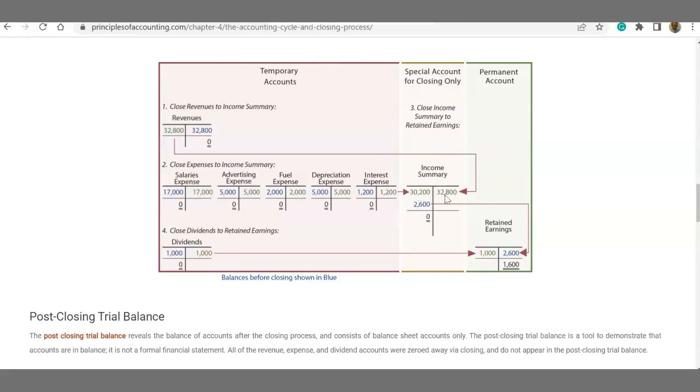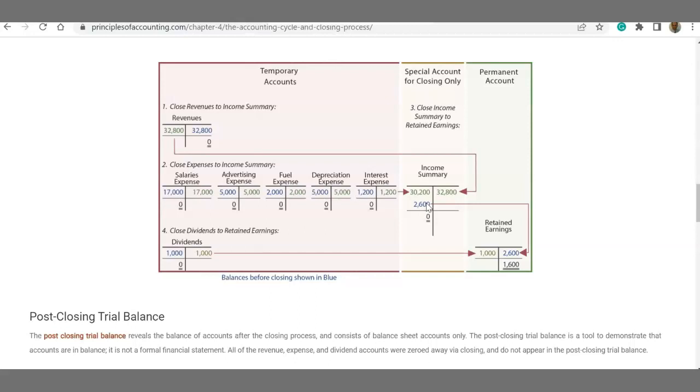Close the revenue into income summary, expenses into income summary, and you get a balance of $2,600 on the credit side.